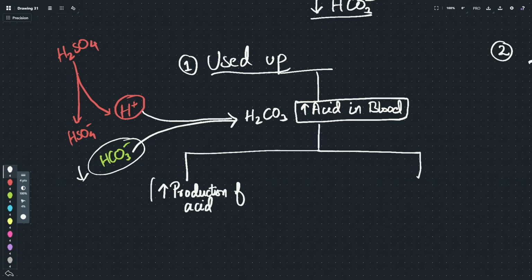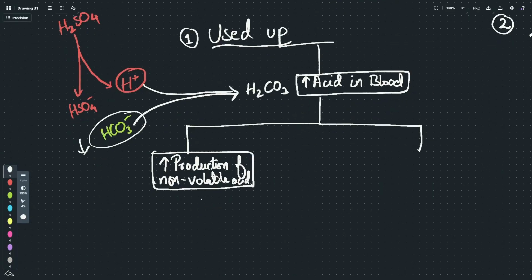Now normally acid is produced from the metabolism. CO2 is produced, but that is volatile acid that is exhaled out. So a better term should be production of non-volatile acid, that is non-CO2, and some textbooks explicitly mention this term. This is amazing that they mention it.